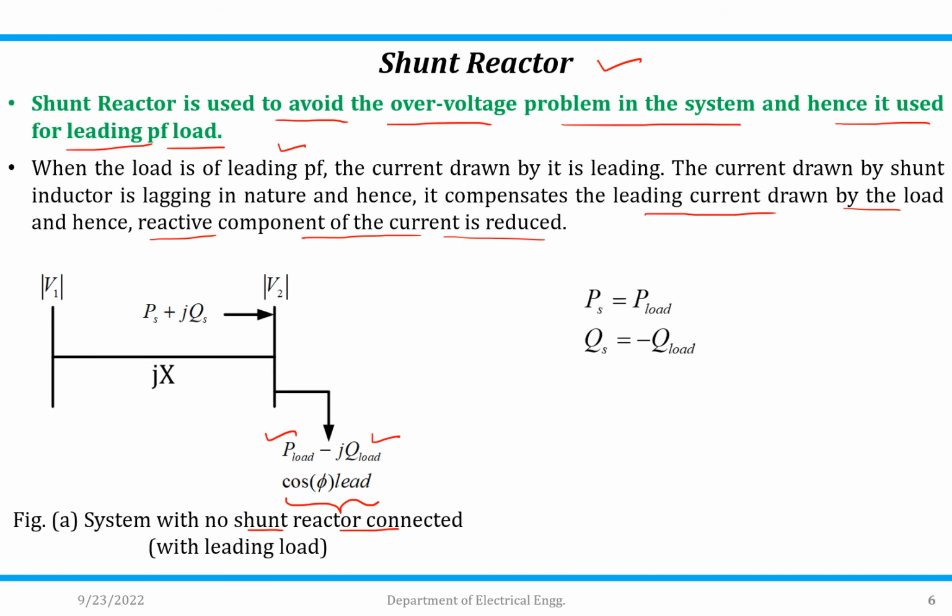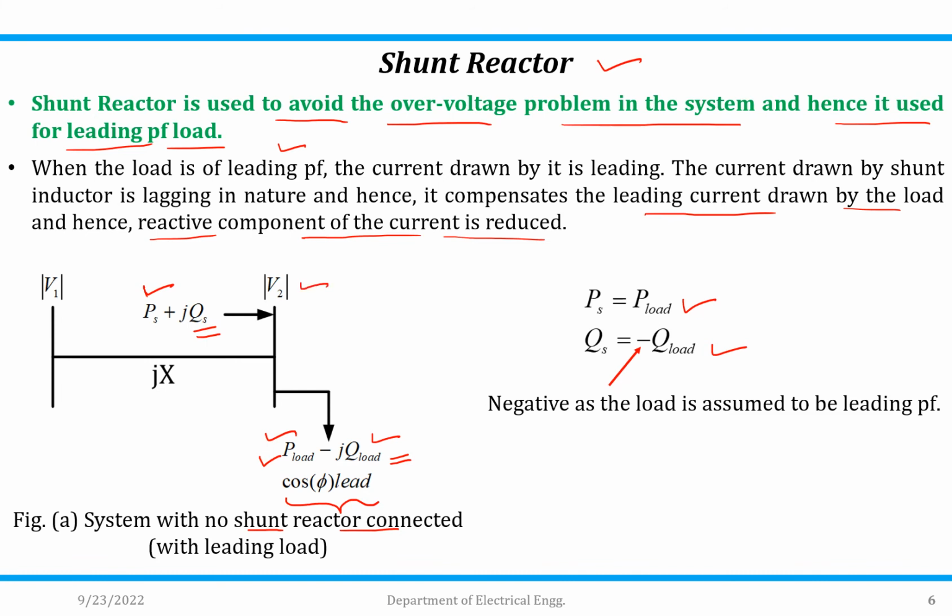Now if you observe, the sending end active power PS and the receiving end active power P load will be exactly equal. But here QS will be equal to minus Q load. Now as we know the equation for the voltage, we can write the equation of the receiving end voltage also. Why is this negative sign there? Because the load is assumed to be leading power factor.